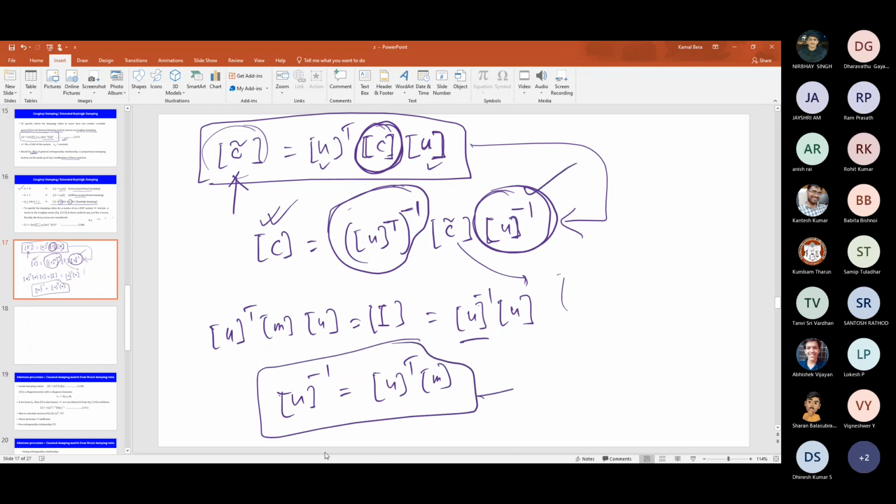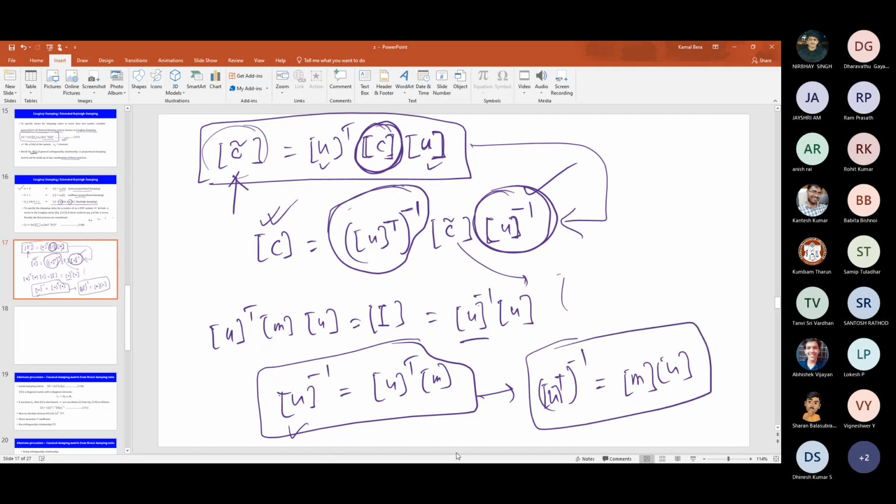Now take the transpose of this; inverse transpose and transpose inverse are the same. If I take the transpose of this equation, M transpose is M because the mass matrix is symmetric. Very simple. Got it? You see how quickly I got it. You just have to take the transpose and multiply it by M.